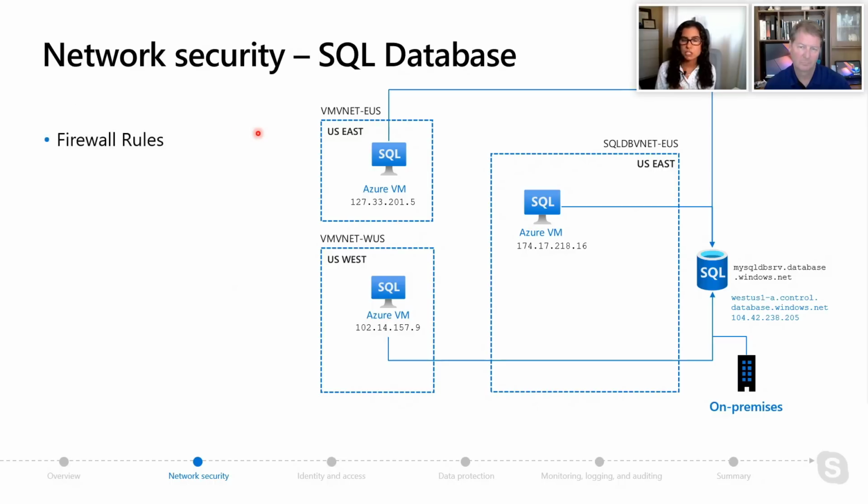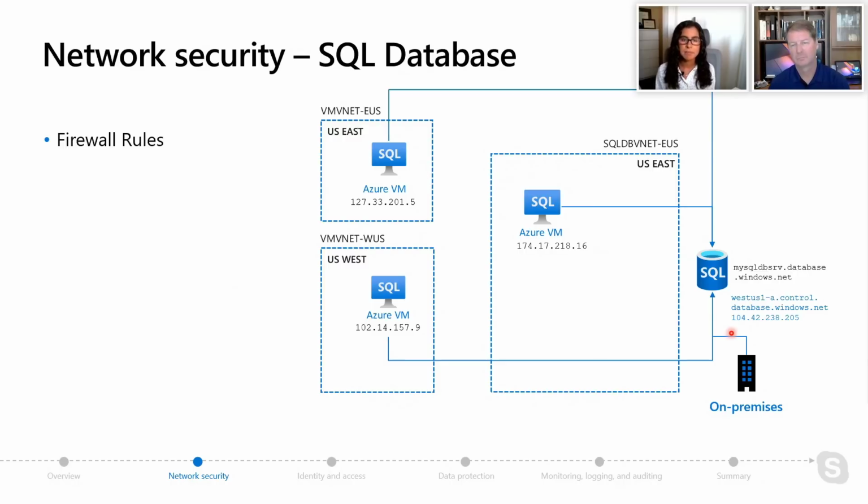So the next option you have is firewall rules. Now, you could use this in conjunction with the previous option, but if we look just at firewall rules, what we would have to do is create a firewall rule from this logical server for each virtual machine or application or any service really that's going to access this database. Additionally, we would have to create firewall rules from on-premises.